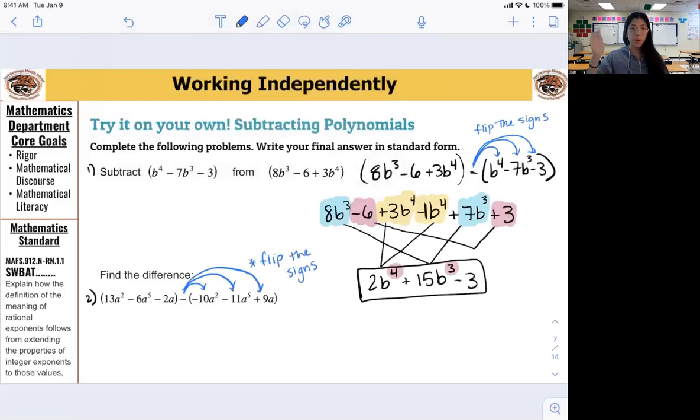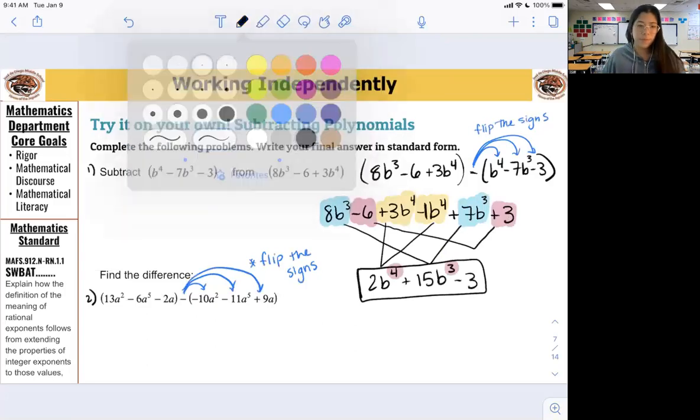So that's why I gave you one of each. In the first example, if it tells you, using words, like subtract this from that, then you've got to rewrite it. But in the second example, it already gives you the subtraction problem, so you do not need to rewrite it. So good question.